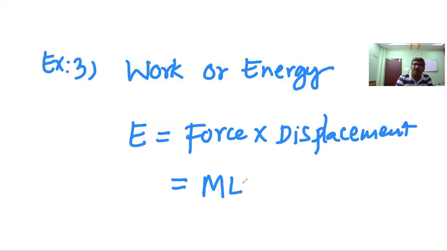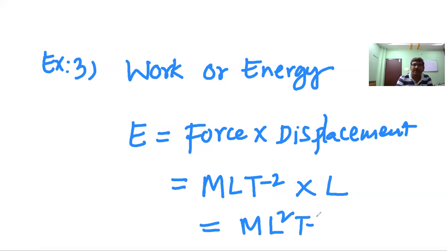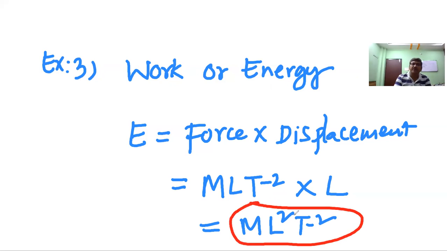Force is mass into acceleration, so MLT minus 2. The dimension formula for displacement is length L. So here it is ML squared T minus 2. So the energy has a dimension formula of ML squared T minus 2.